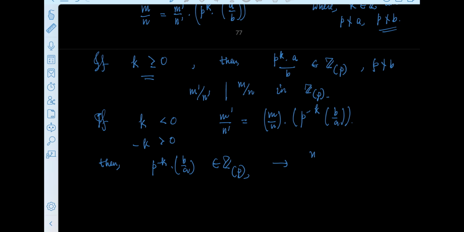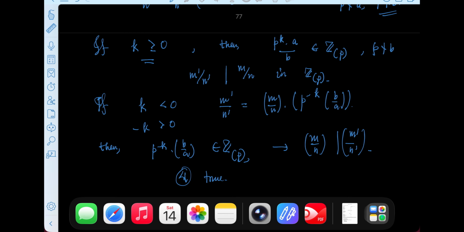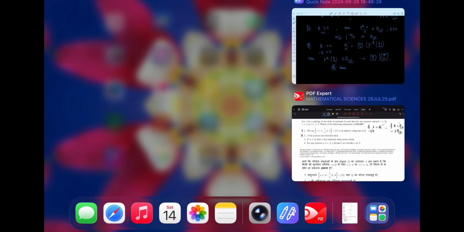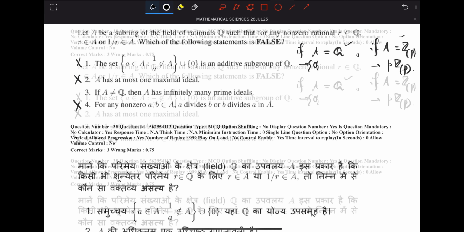In this case, m by n divides m prime by n prime. So the fourth option is true in both cases. We will not take that.